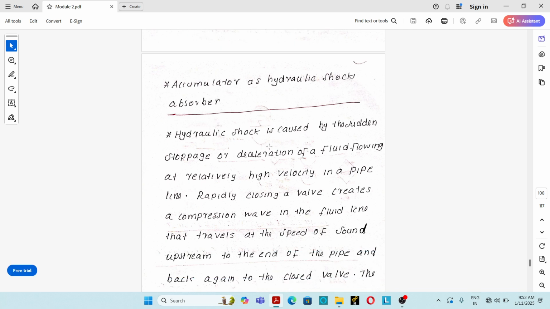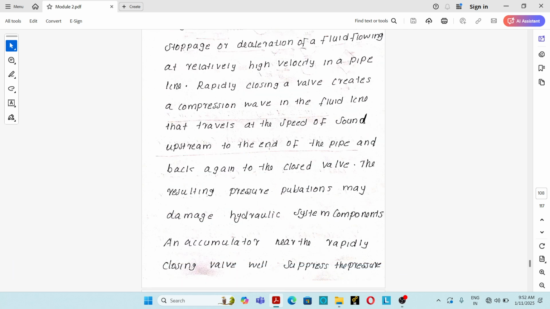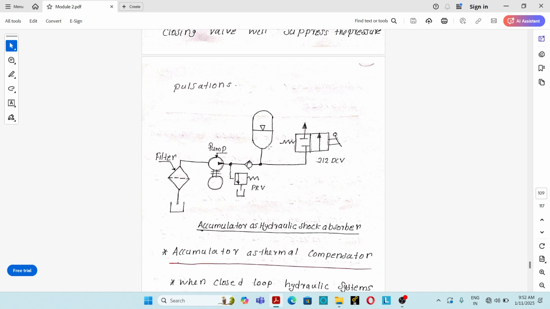Then the second one is accumulator acting as a shock absorber. Whenever the control valve is suddenly closed, a shock wave will be produced, and that shock wave will travel throughout the hydraulic circuit and damage the other components of the circuit. The accumulator will absorb the shock wave and store the energy in another form, and that energy can be utilized later.